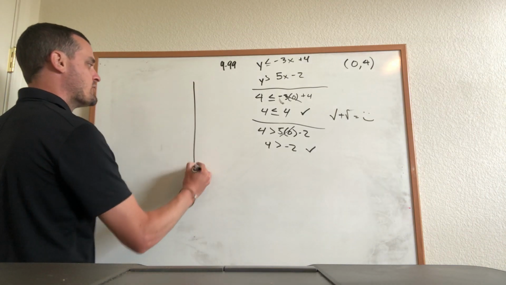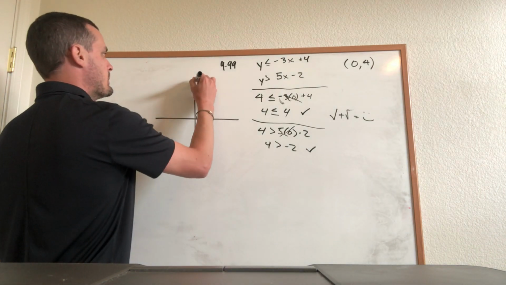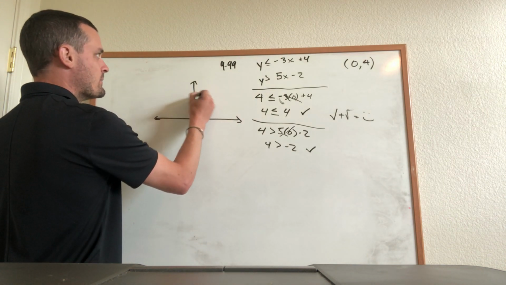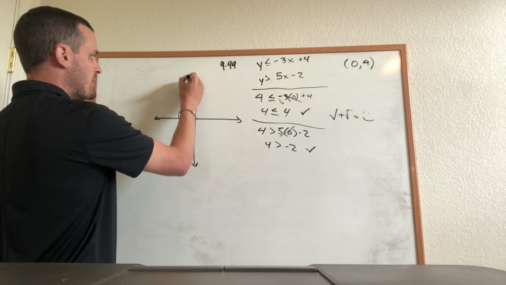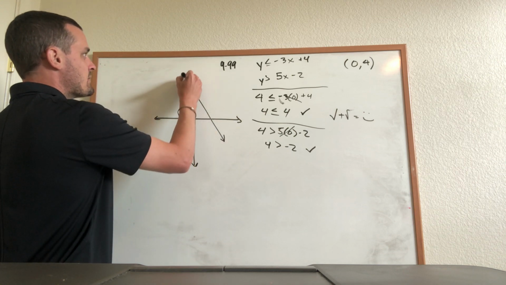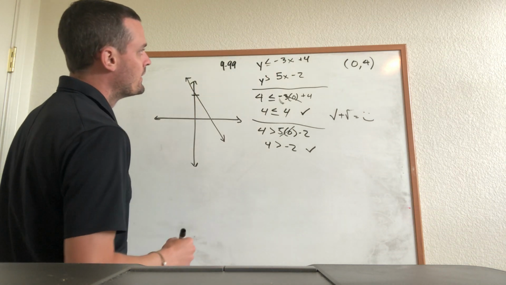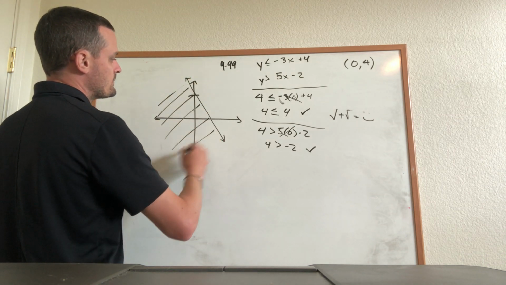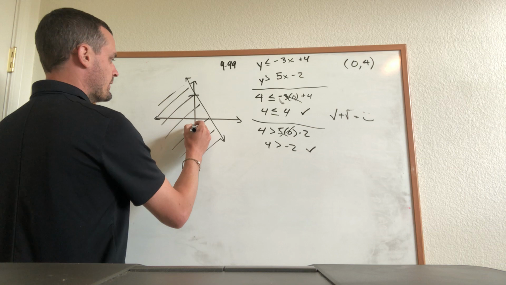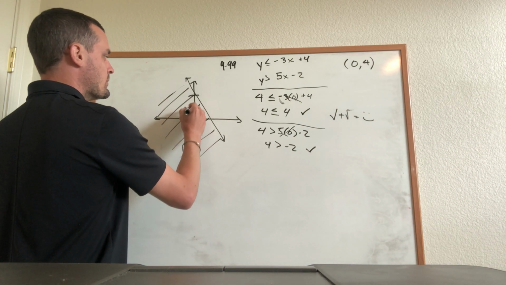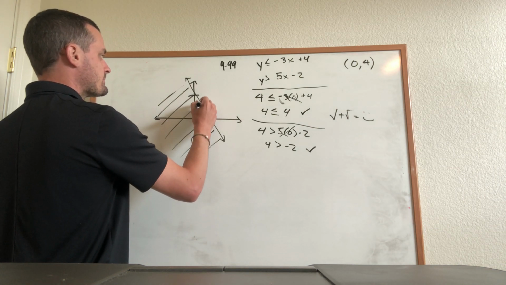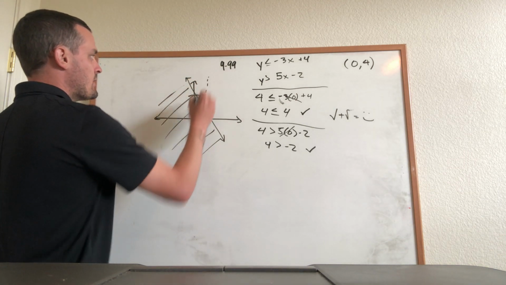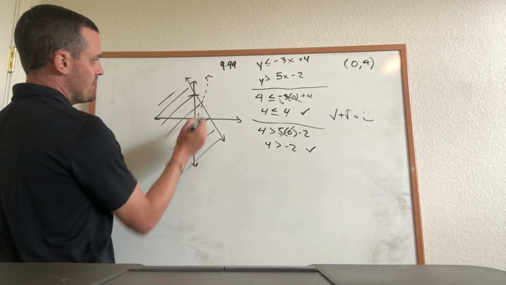If I wanted to sketch this to the best of my abilities: y-intercept of 4, slope of negative 3, and we're shading below. Then we take our other one, y-intercept of negative 2, slope of 5. It's going to be a dashed line, and we're shading above.